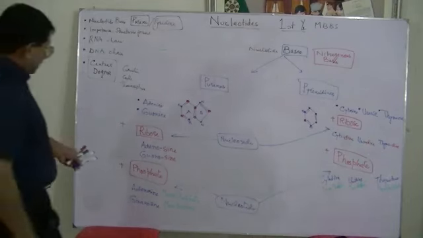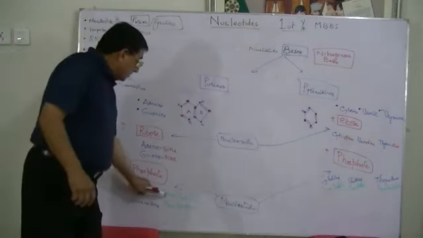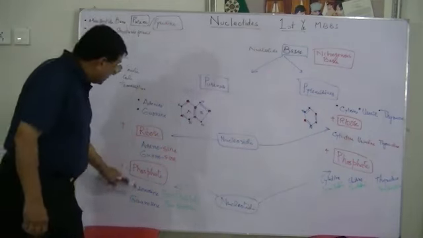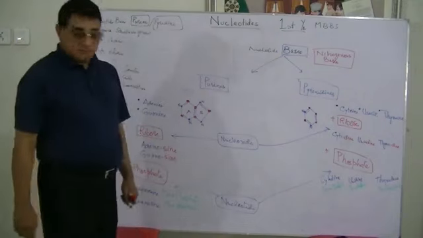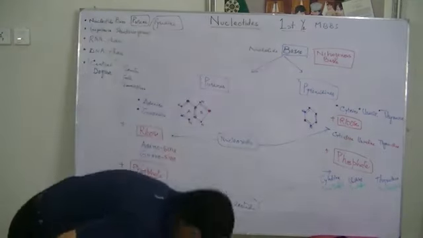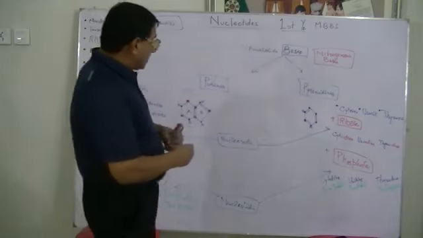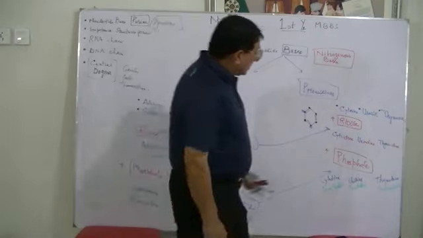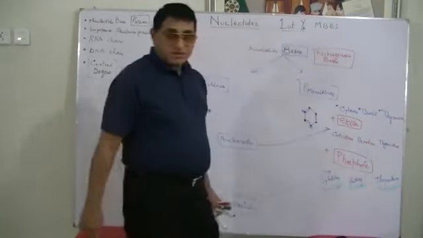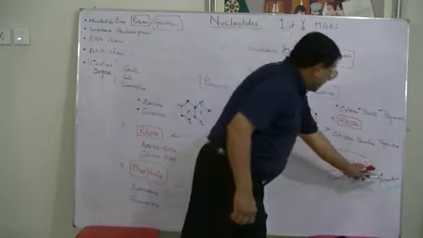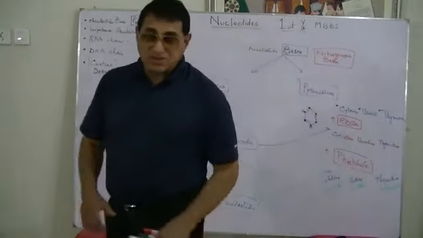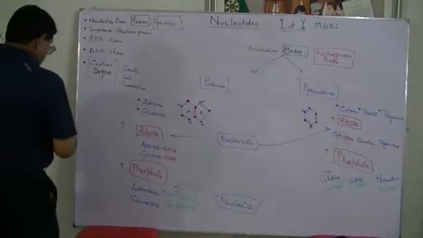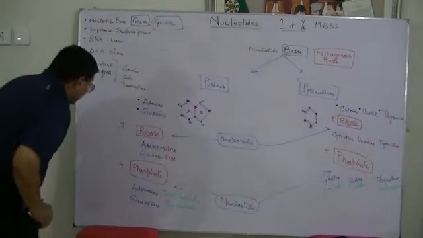And when a phosphate is attached, they form adenosine monophosphate, guanosine monophosphate. Similarly, over here, you have got cytidine monophosphate, uridine monophosphate, and then you have got thymidine monophosphate. So this is how you get the formation of important compounds.